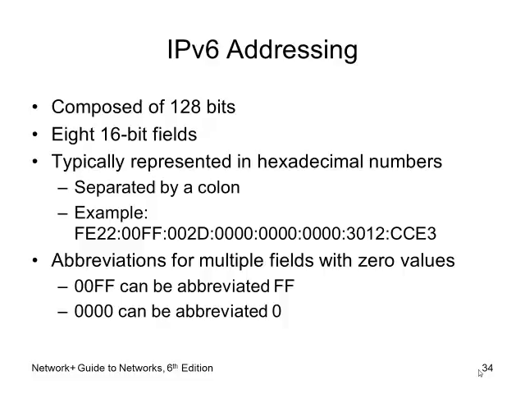You can abbreviate them, so I can actually abbreviate this as FE22:00FF:002D:3012:CC3E3. What happens is if you put 2 colons next to each other, what that means is it's a bunch of zeros. There's 8 sections, 1, 2, 3, 4, 5, 6, 7, 8.